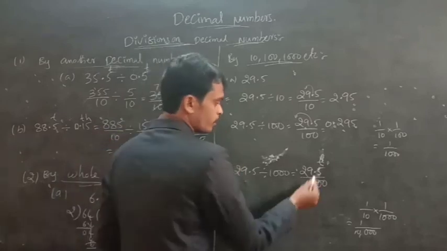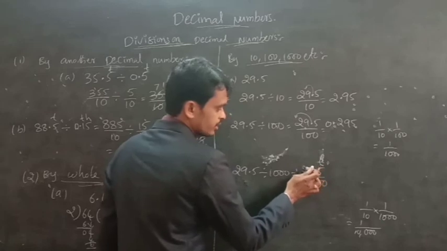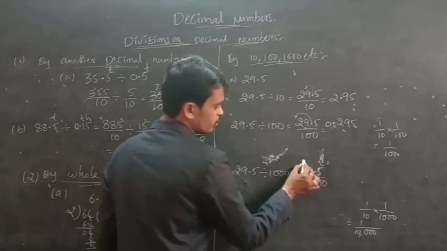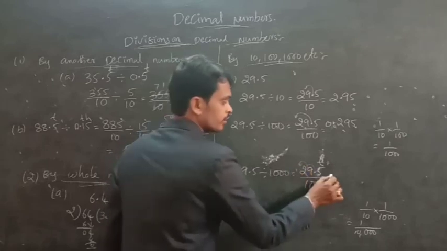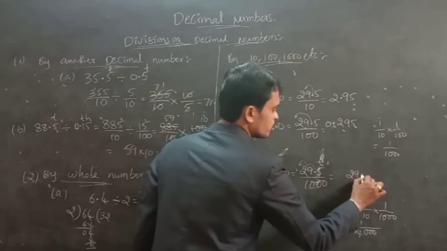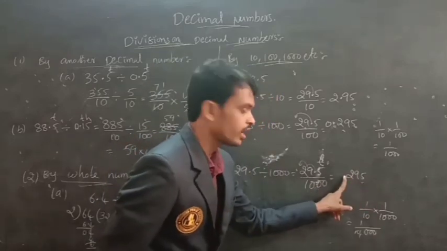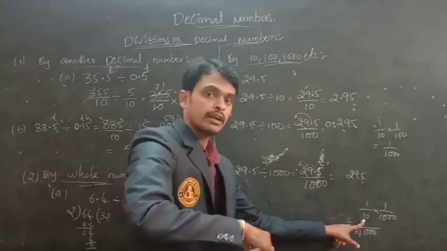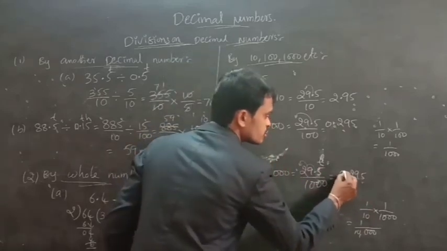Here the point is in the tenth place. If we move it by 100, the point will come after 9. Again the point will move here, then it will be thousandth. Then we will write 295 as it is. So this is the thousandth place. Again we have to move one more, 1 by 10th, and then we have to replace it with 0.